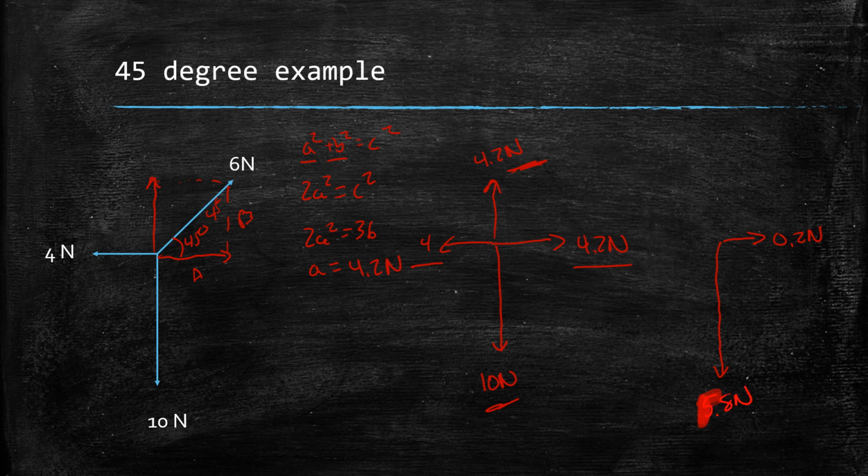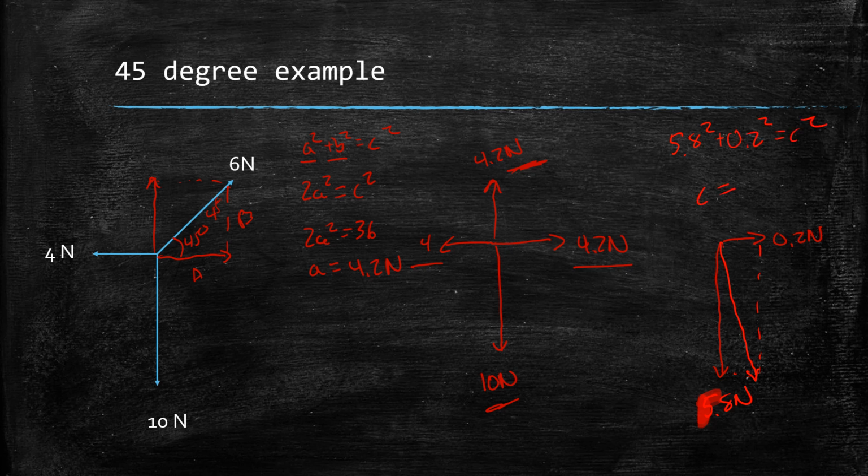Going straight down. Okay. Now we just need to find the hypotenuse of my triangle, because remember, we're going to go straight down, over, bam, there's our resultant force. So 5.8 squared plus 0.2 squared equals c squared.